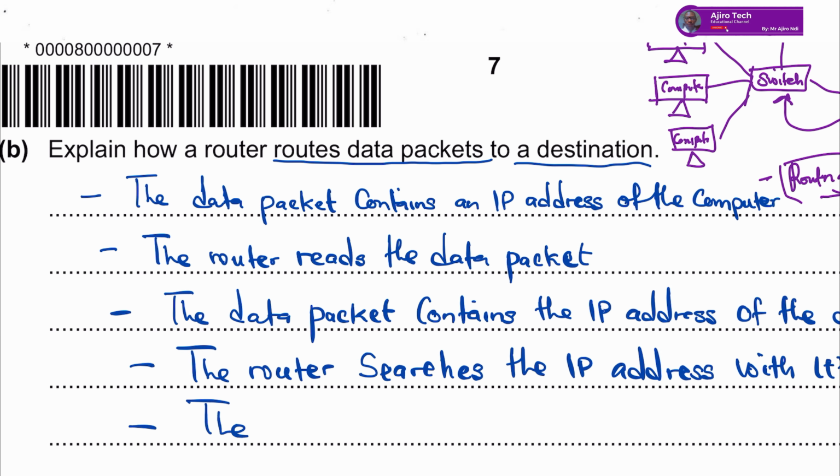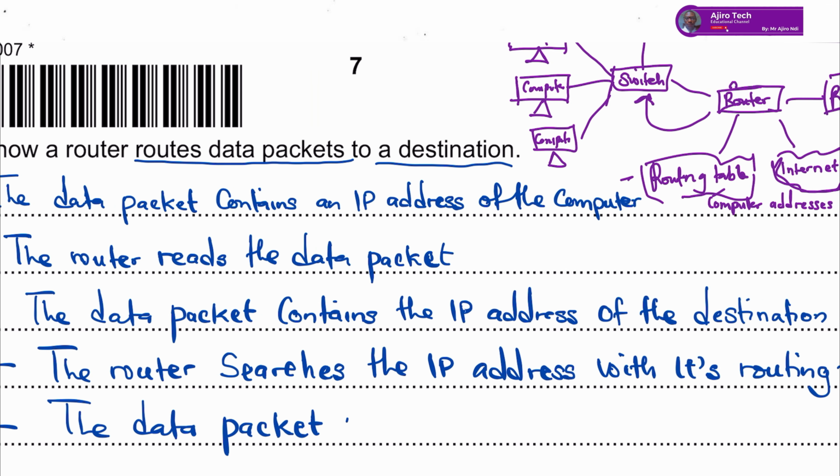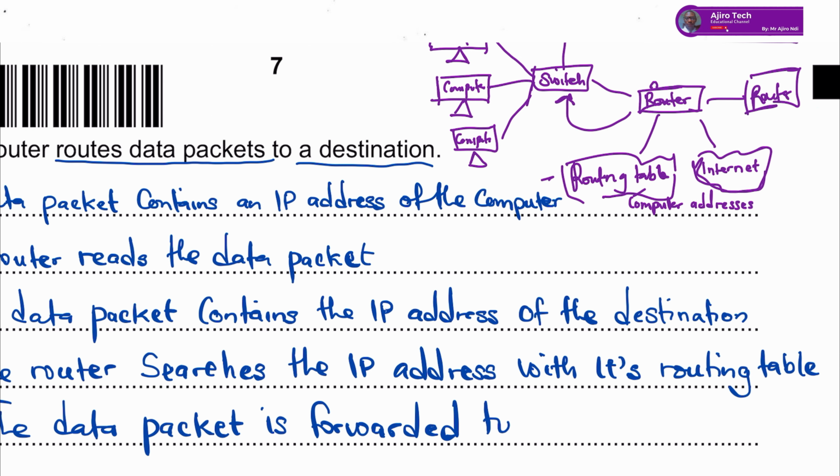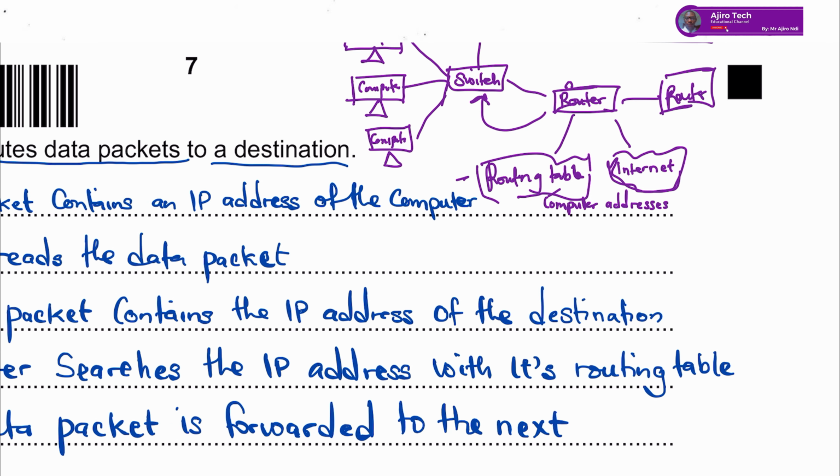Okay, so since it searches the IP address in the routing table, the data packet is forwarded to the next router. Okay, so this is the whole process.